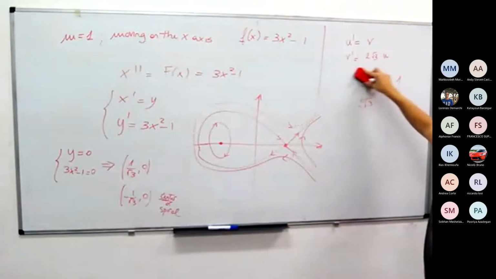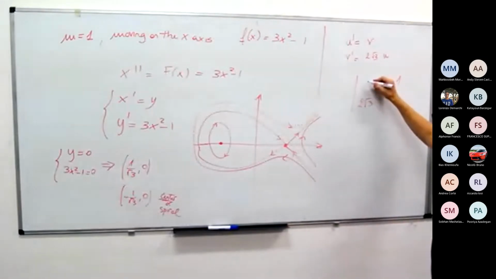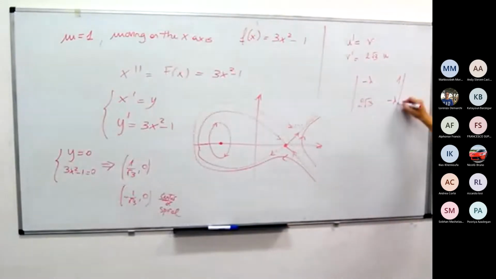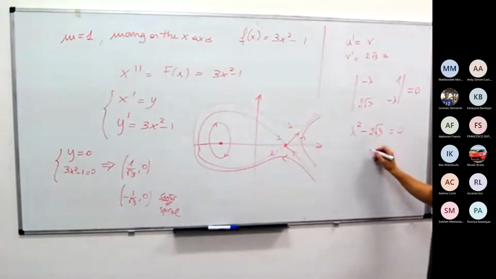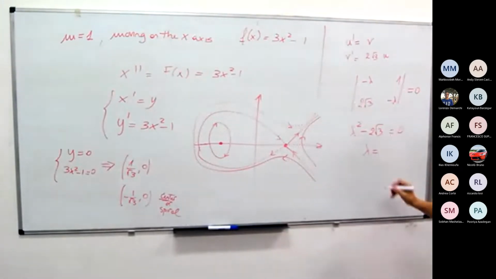So for calculating the eigenvalues, I have to calculate the determinant of this object and solve for the determinant equal to 0. The determinant of this object is lambda squared minus 2 square root of 3 equal to 0. So what are the two roots? The roots are lambda equal to plus minus square root of 2 square root of 3.